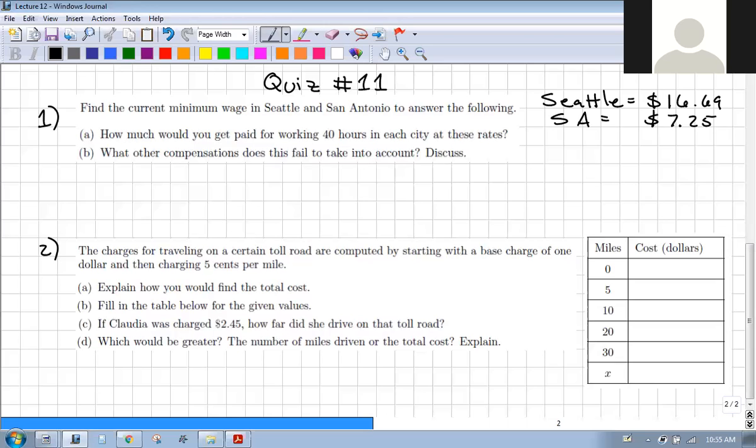All right, how much would you get paid for working 40 hours in each city at these rates? Well, Seattle. Yeah, okay, we have 16.69 times 40, which would be $667.60.